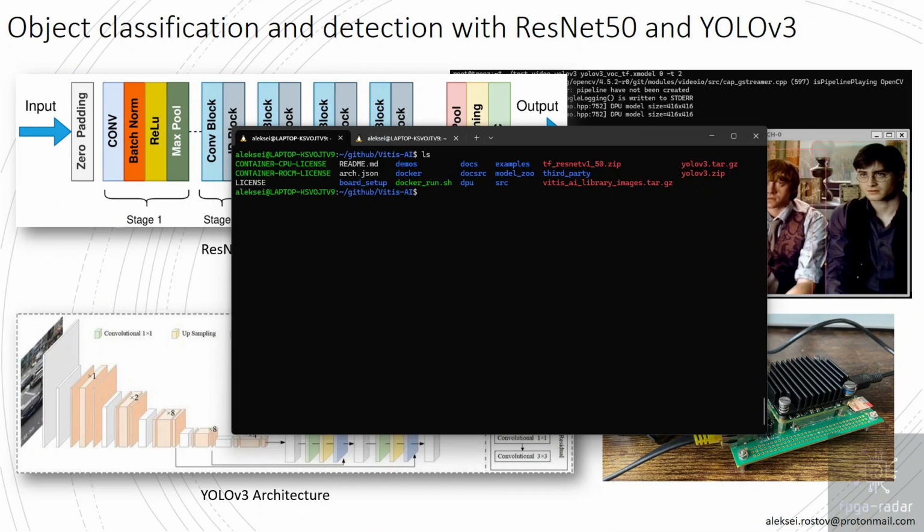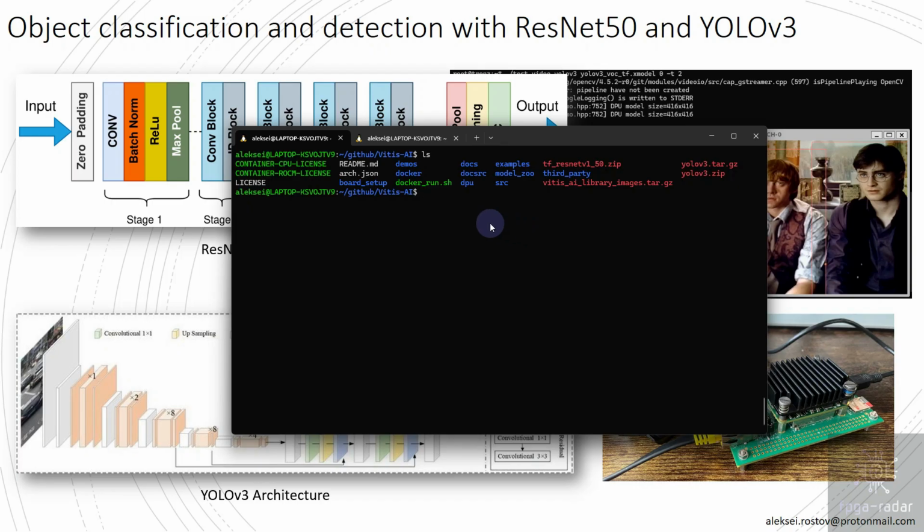I already downloaded all these archives, four archives: the precompiled model for ResNet 50, also the compiled model for YOLOv3, and the Vitis AI library samples images for pre-trained models.